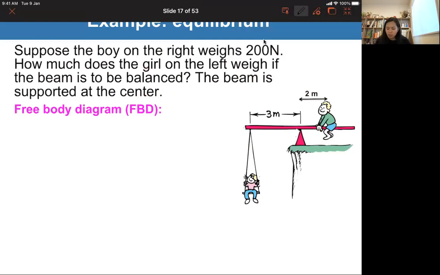And the beam is supported at the center, meaning it's supported at the center of mass. I'll give you a couple of minutes to try and formulate in your mind how you might go about solving this problem.